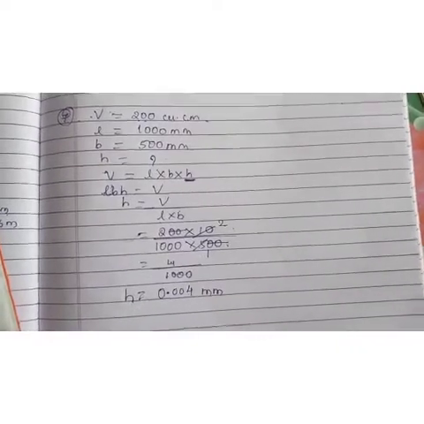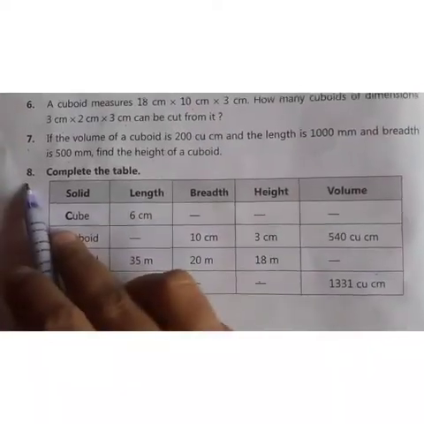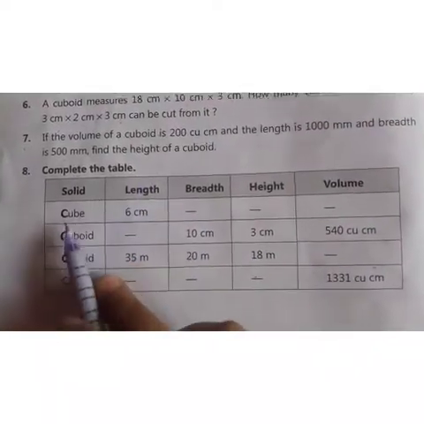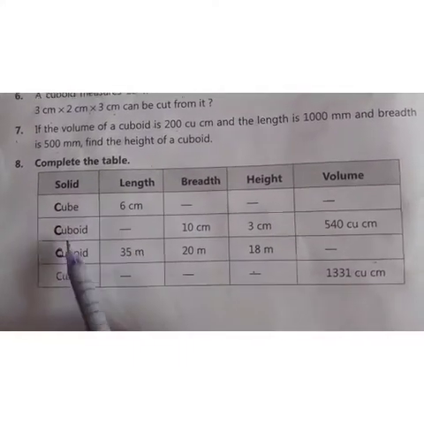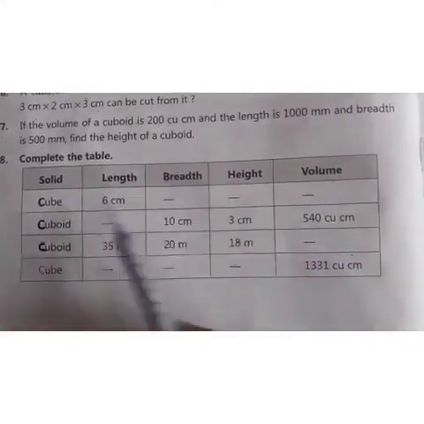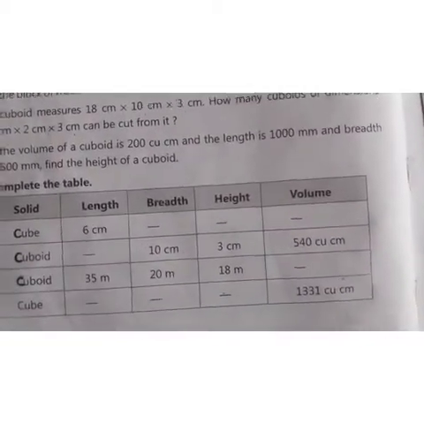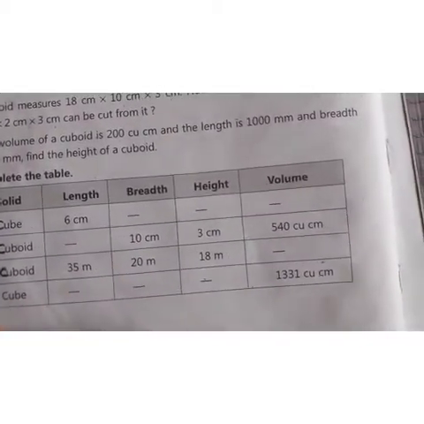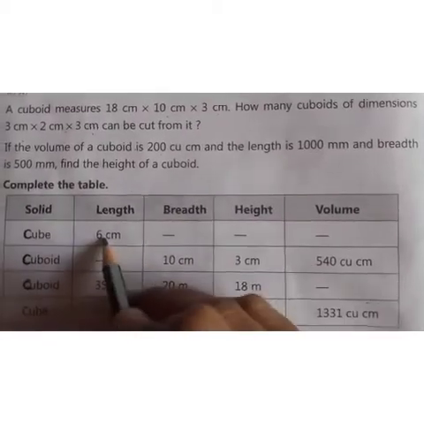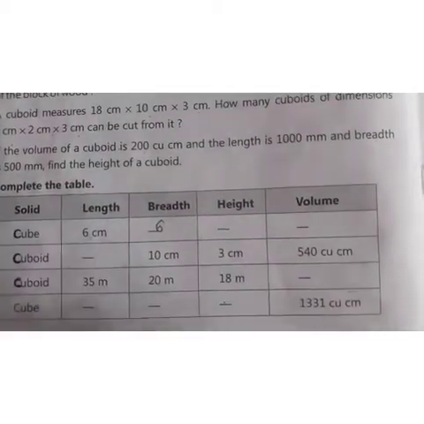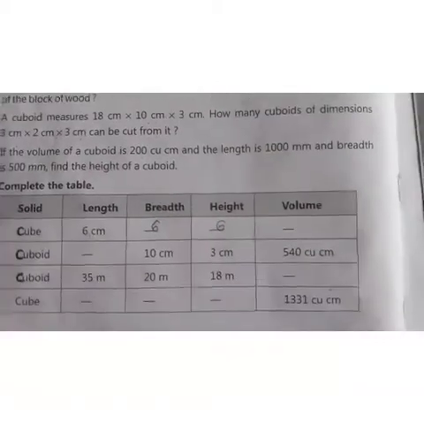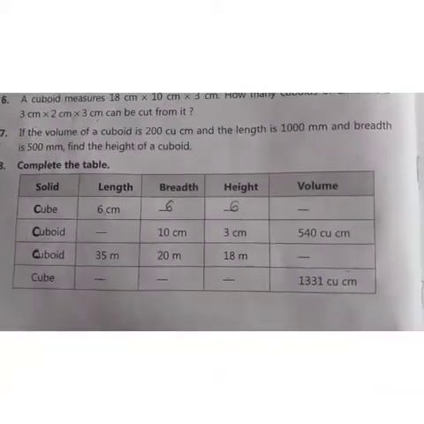Is it clear? Question number 8. Complete the table. Here they have given the solids, whether it is a cube or a cuboid, and they have given the dimensions. Cube, length is 6 centimeters. So children, in the cube all the three sides are the same, isn't it? So length is 6, then breadth is also 6, height is also 6. So what will be the volume?